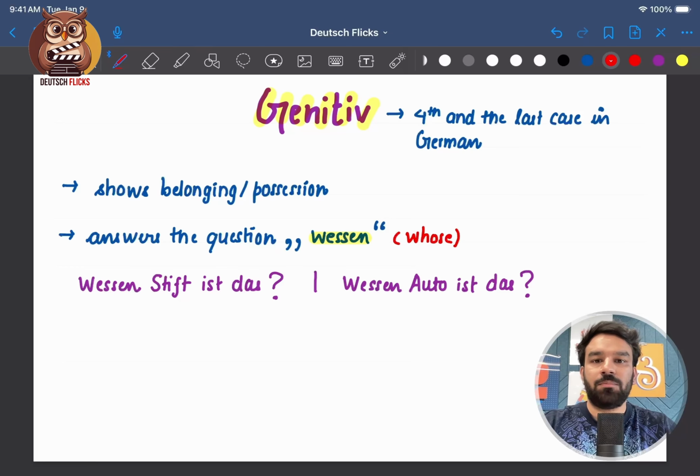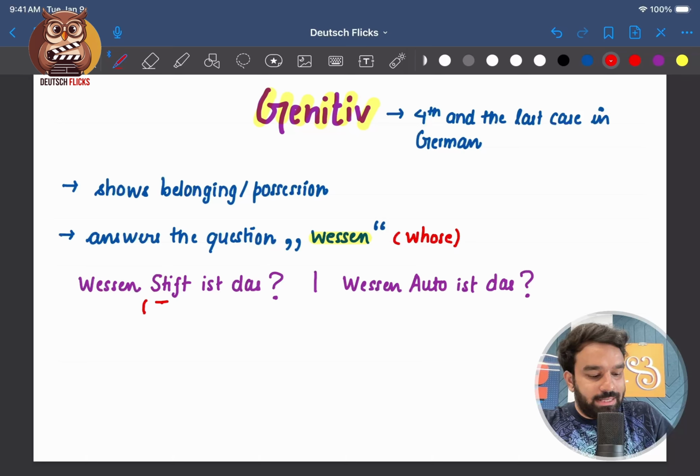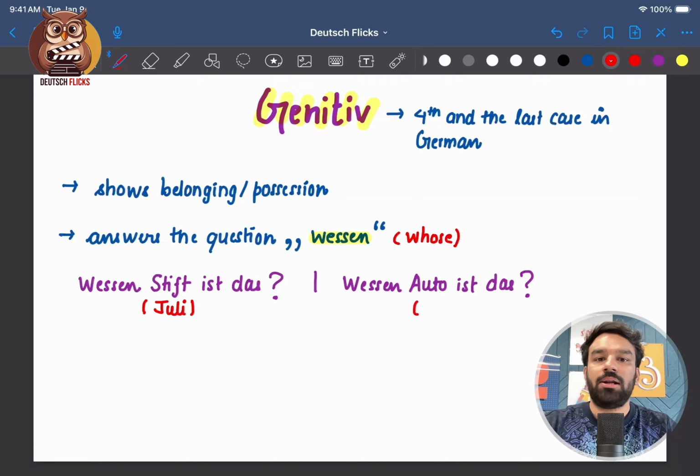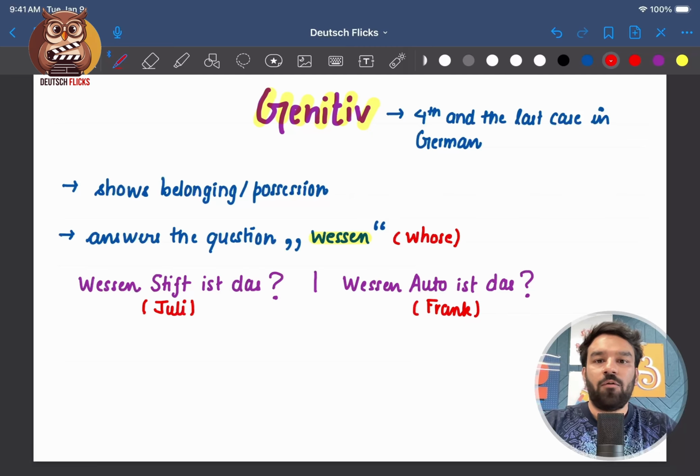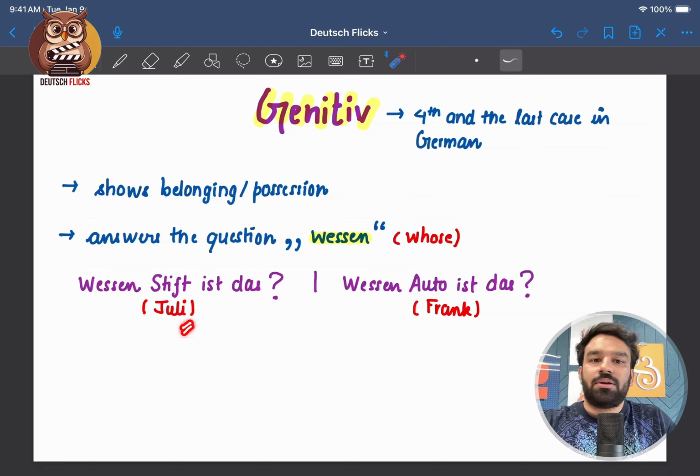Now we'll assume that this pen belongs to someone called Yuli and this car belongs to someone called Frank. Now we'll see how we will say Yuli's pen and Frank's car in German.